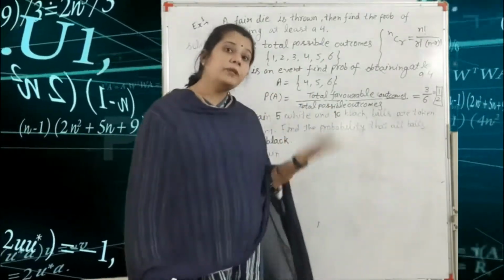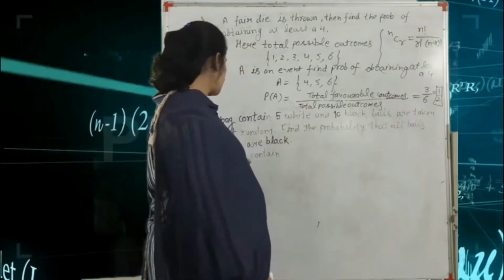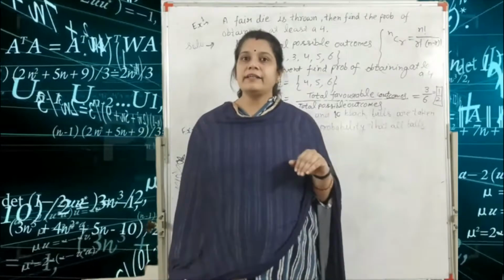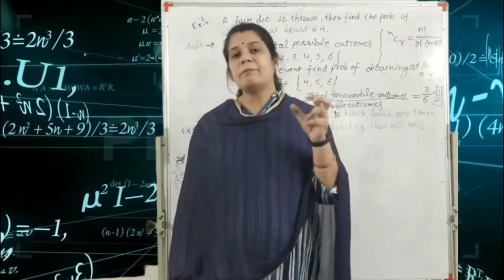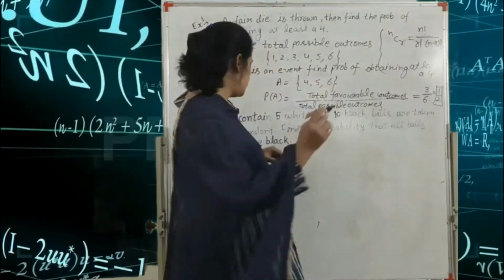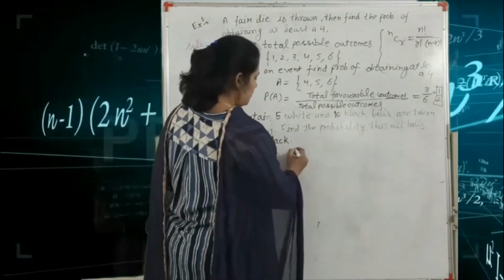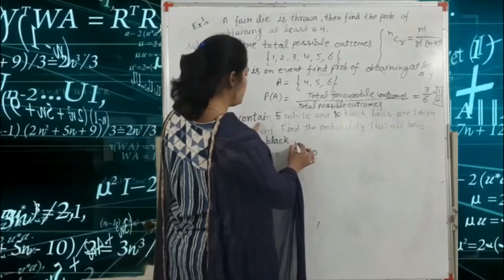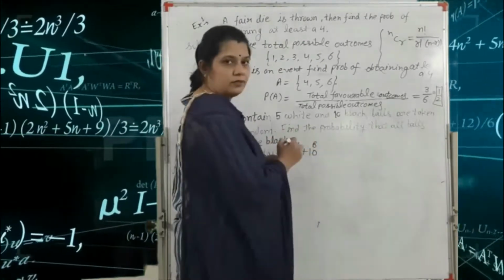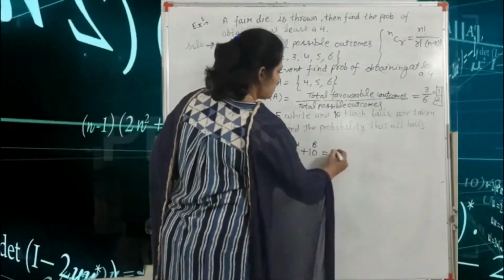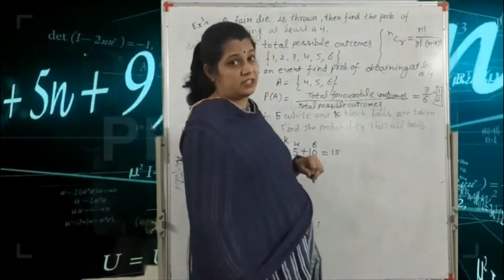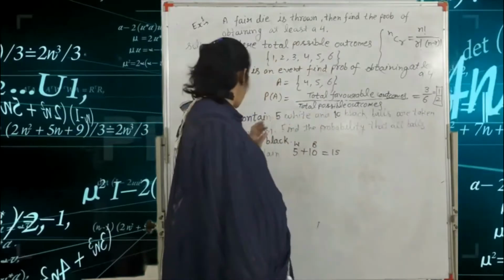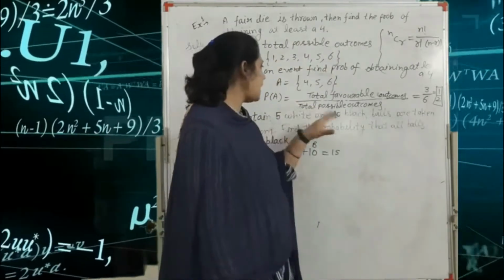Find the probability that the balls drawn are black. First you find the total number of balls, which is 5 plus 10. 5 is white balls and 10 is black balls. So the total is 15 balls.